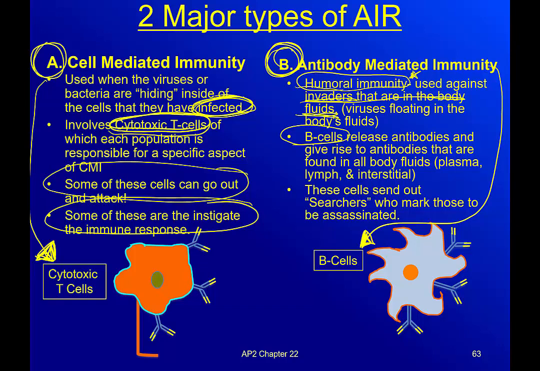They release antibodies into the fluids of the body, and antibodies are like a homing beacon. A homing beacon is something that you attach to something else so that somebody can find it. Think about the app for parents on their kids' phones. They put it on the phone so that if they can't find their kid, they can actually locate their kid by homing in on where their phone is. It's something like that.